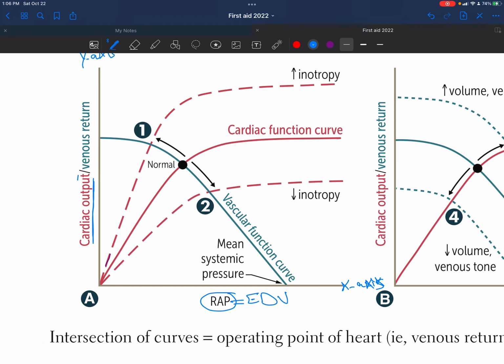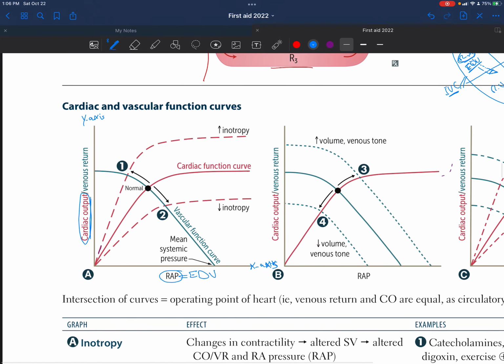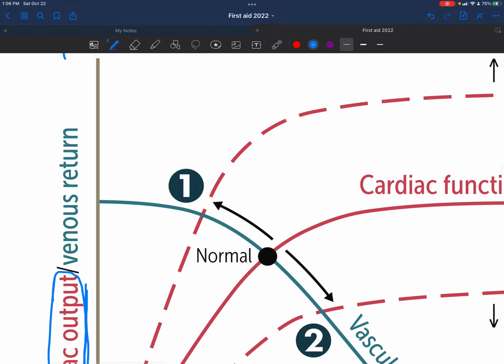But for the y-axis, it talks about two variables. In this graph, we're going to talk about the cardiac output. So the cardiac output is basically the ability of the heart to pump how much blood. So that depends, of course, on the heart rate, on the contractility, on what the heart can do in order to get as much blood out. So that's the one that we're going to talk about here.